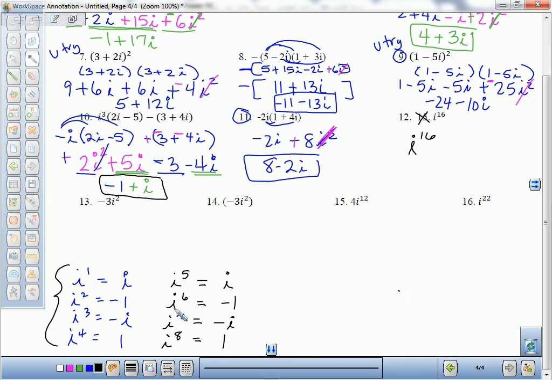So our shortcut is, because we know it repeats every 4, we can take your exponent and divide it by 4. And what we're looking for is the remainder. And then we're going to look at the remainder.